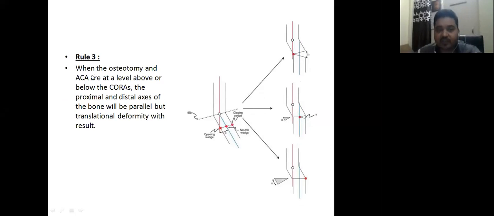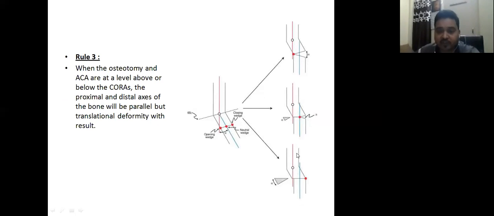Then rule number three: when the osteotomy and the angulation correction axis are at a level above or below the CORA, the proximal and distal axes of the bone will be parallel, but a translation deformity will result. In this case the CORA is at one level, but the osteotomy and the angulation correction axis we are planning are at another level, either above or below.